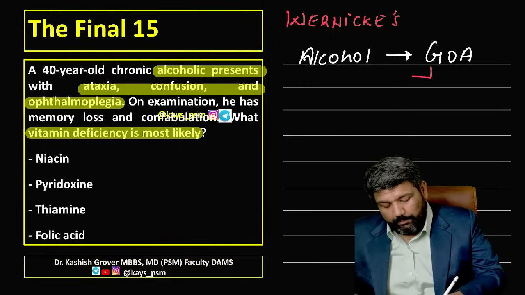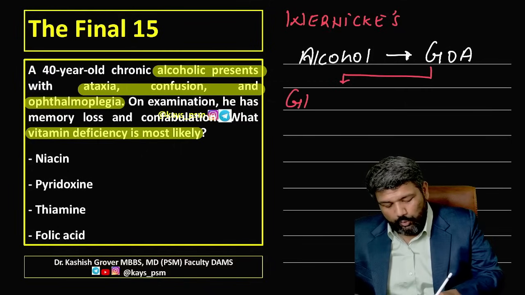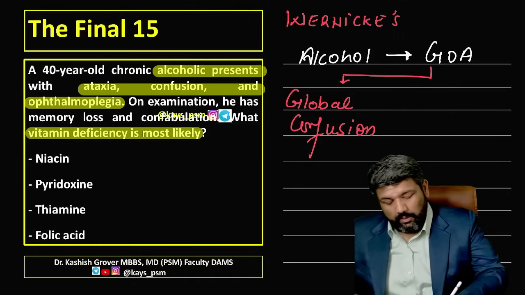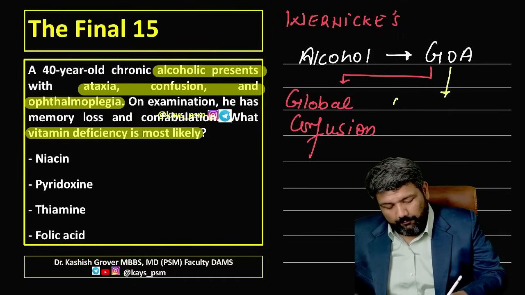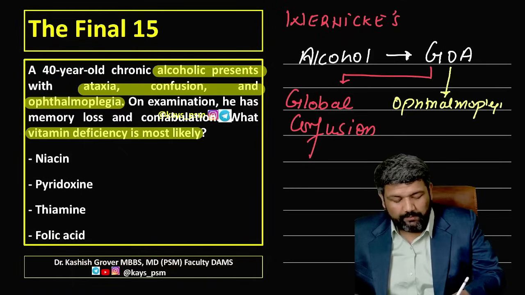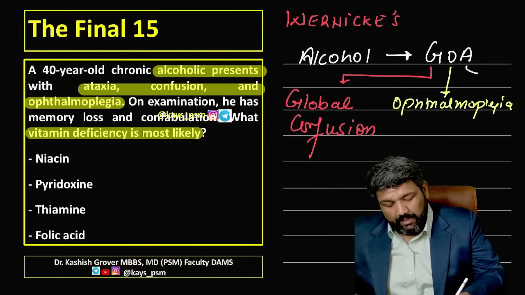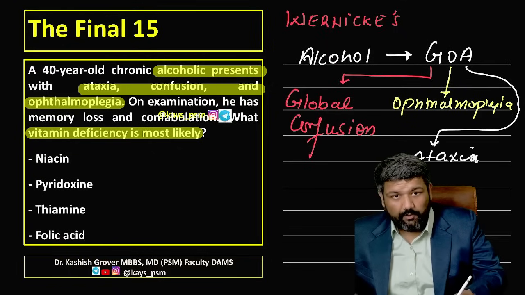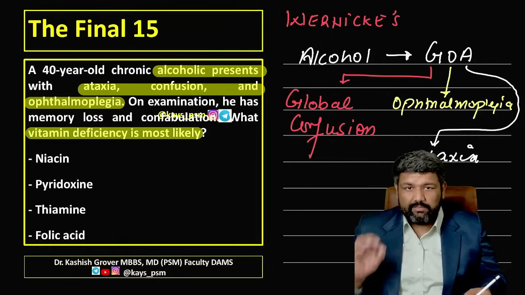Wernicke's encephalopathy, G stands for global confusion. O stands for ophthalmoplegia. And A stands for ataxia. These three are the symptoms.